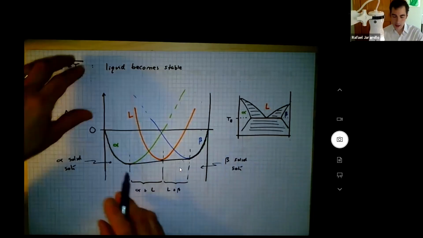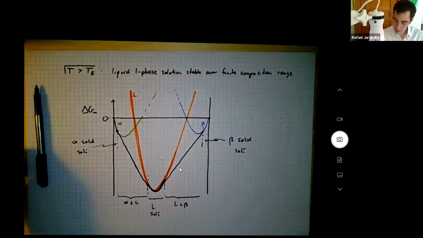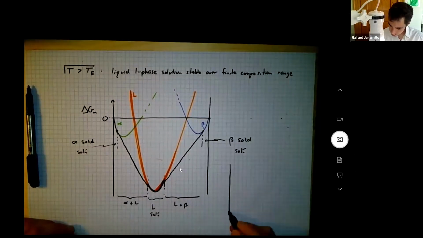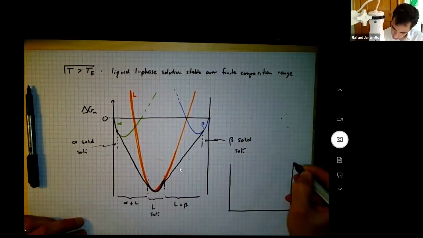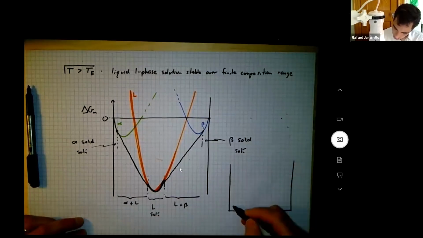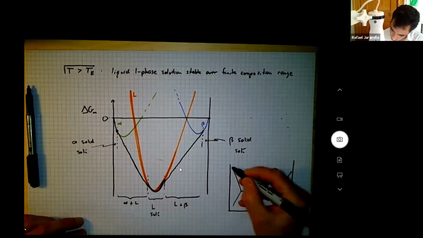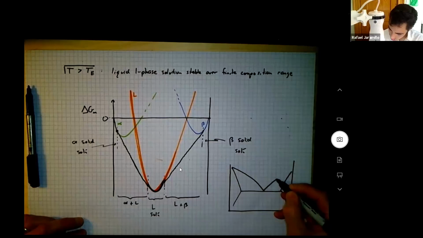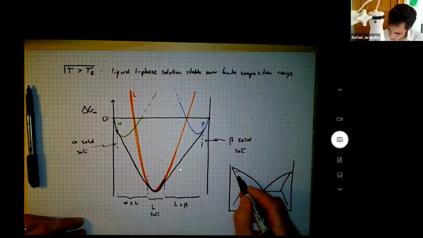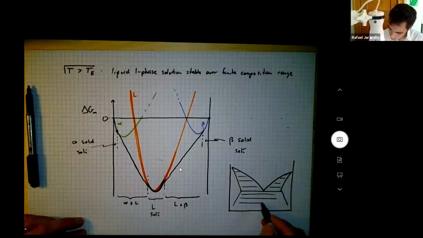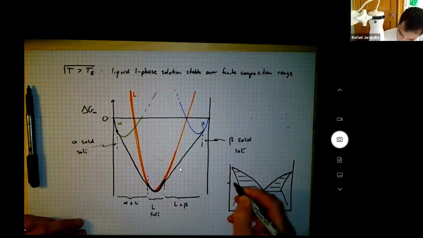And then at the highest temperature that I've drawn, I'll look down here. There, let's say I'm there at this temperature.